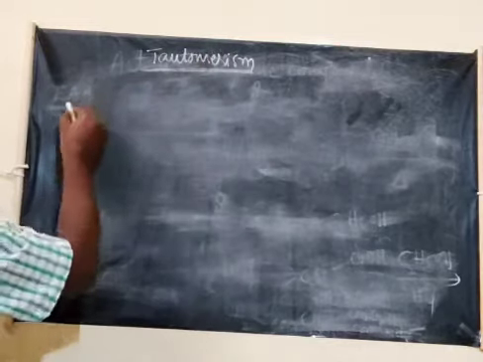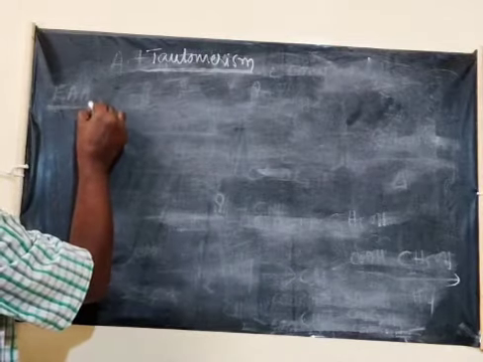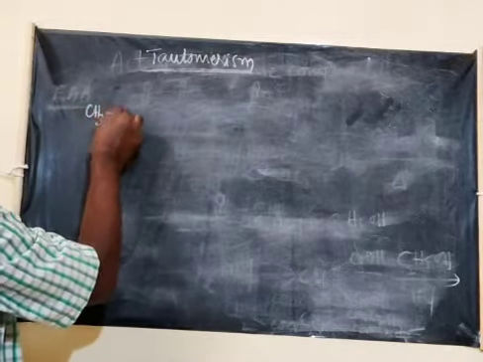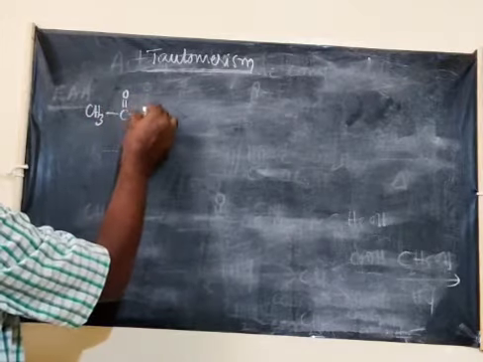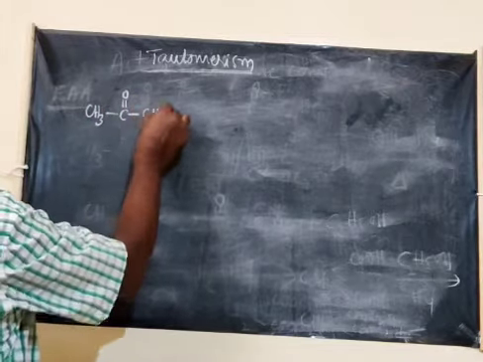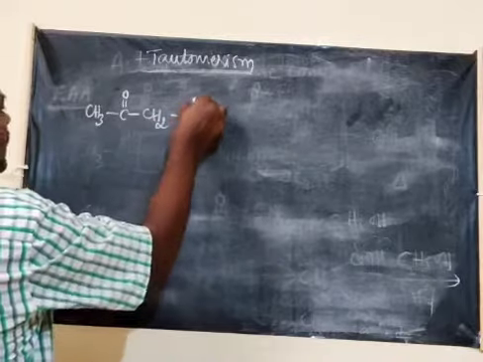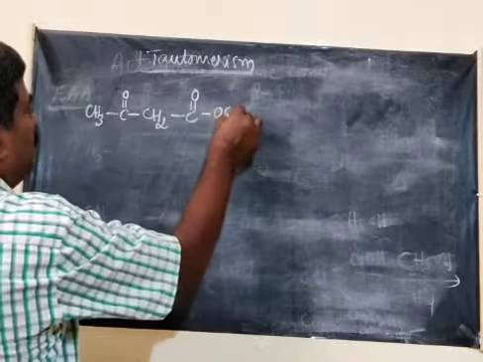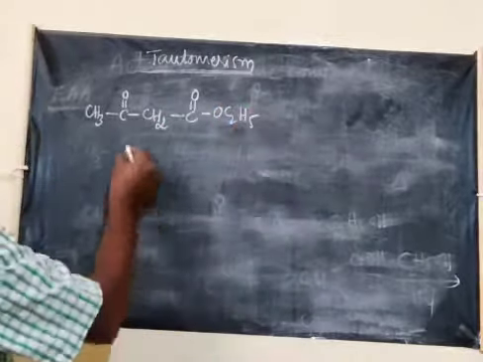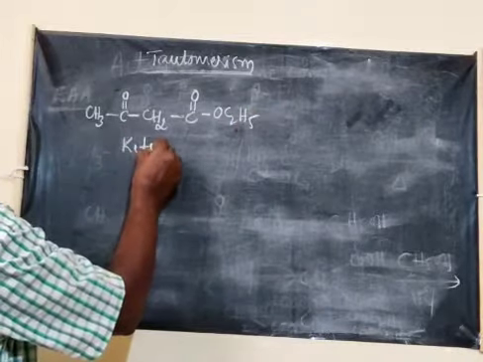Let me consider ethyl acetoacetate: CH3, C=O, CH2, C=O, OC2H5. This is the keto form.